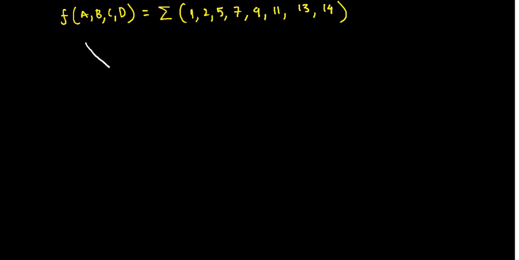Now how many variables are there? 4. So 2 to the power 4, that means 16 squares will be required. So let's make 16 squares.